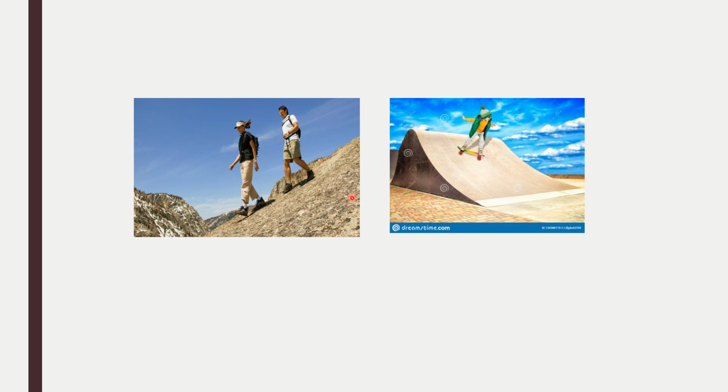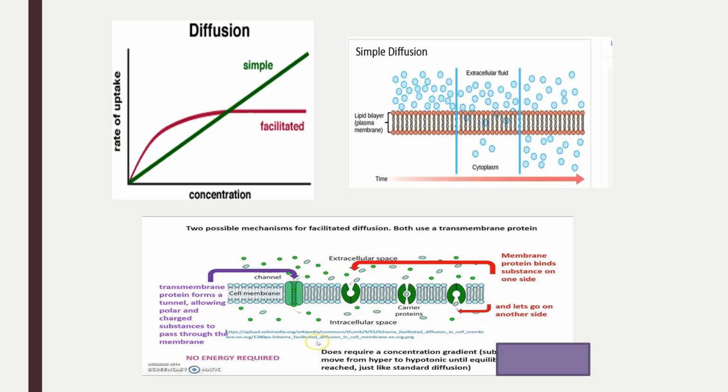So in case of facilitated diffusion, the process of diffusion is faster, but after a certain period it will attain a saturation. That is the saturation kinetics. We will see it by graphical representation in the next slide.